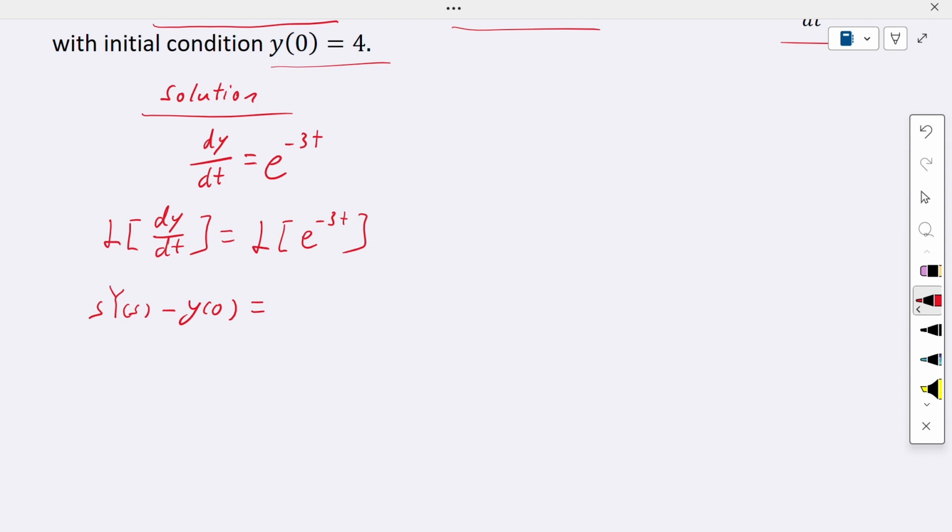Now the Laplace transform of exponential minus 3t. Let me give you a remark: if you take the Laplace transform of exponential at, this is equal to 1 over s minus a. In this case, a is equal to minus 3, so the Laplace transform of exponential minus 3t is equal to 1 over s minus minus 3, which gives a positive 3.